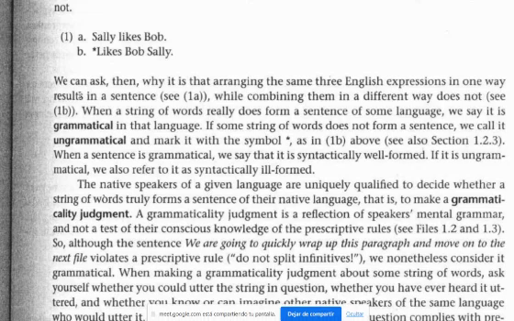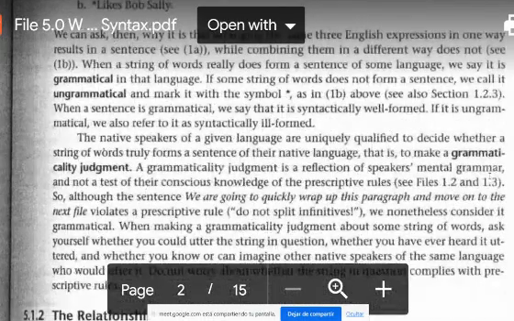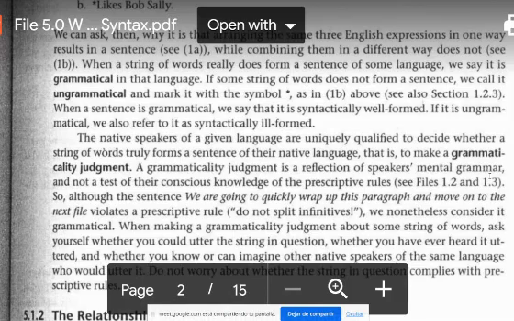When a string of words really does form a sentence of some language, we say it is grammatical in that language. If some string of words does not form a sentence, we call it ungrammatical and mark it with a symbol, as in 1B above.